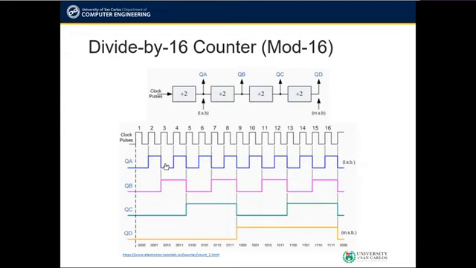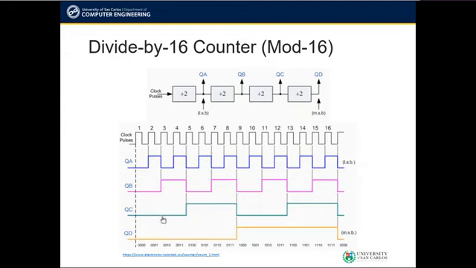The clock output taken from this flip-flop, as shown by QB, will be divided by 4, as seen in this waveform labeled as QB. The clock output taken from this flip-flop here, labeled as QC, will be divided by 8 in terms of frequency, as shown by the waveform labeled as QC.